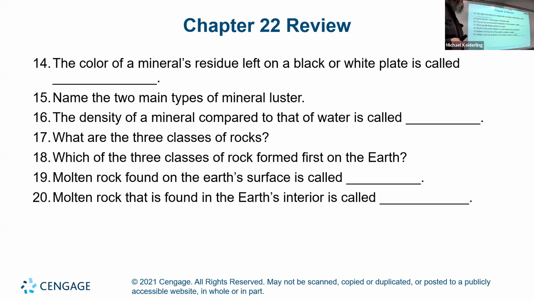The three classes of rock are metamorphic, sedimentary, and igneous in reverse standard order. Of the three classes, the one that formed first on Earth is the igneous rock. Molten rock found on the Earth's surface is called lava. Molten rock that's in the Earth's interior is called magma.